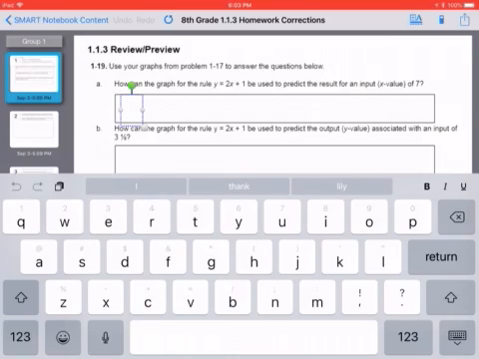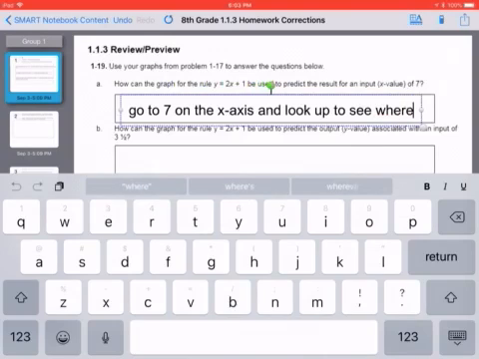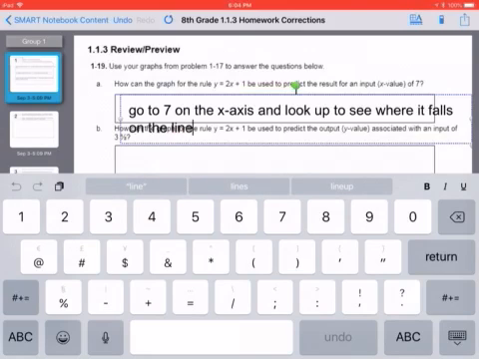But since it says to use your graph, what we're going to do is go to 7 on the x-axis, and look up to see where it falls on the line. So that's what we're trying to do for this problem. So we're going to look up to see where it falls.